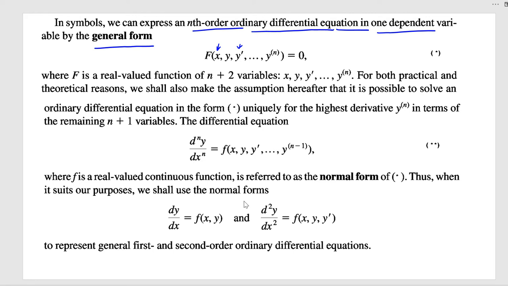This is first order, then we have second order derivative, and then we have the nth order derivative, all continuous. This is the general form of this equation. You can see here this is first order, this is second order, and this is nth order differential equation.